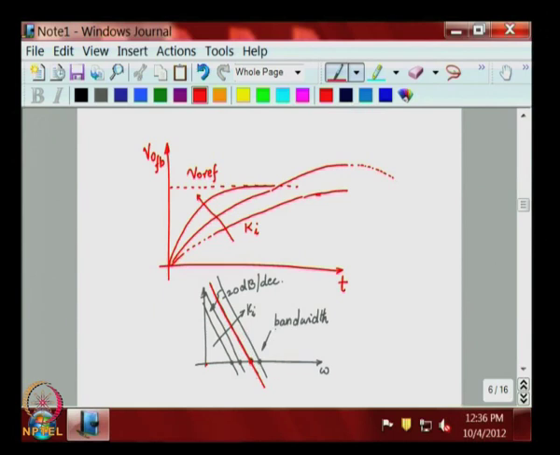Now, we need to fix the proportional portion, which will take care of the high frequency dynamics. So, the proportional portion is fixed next.